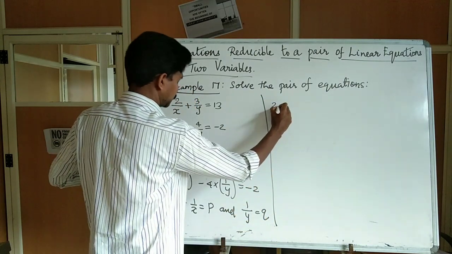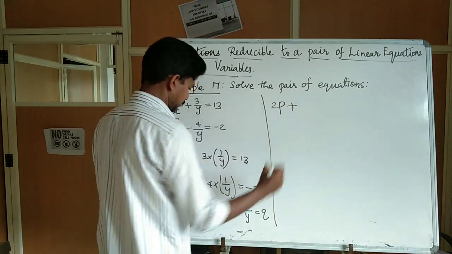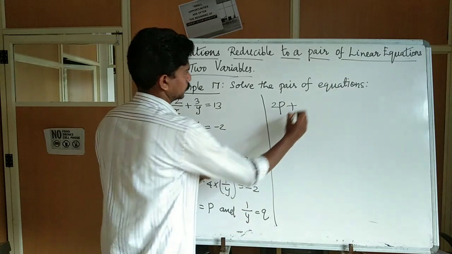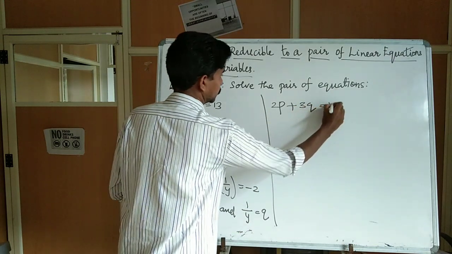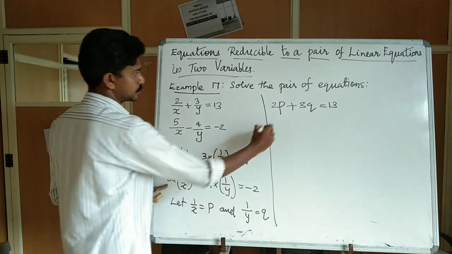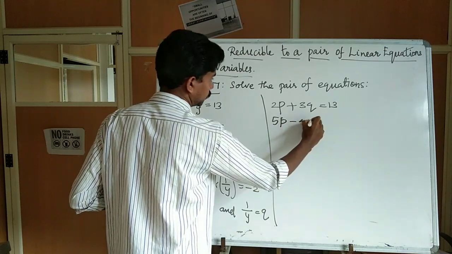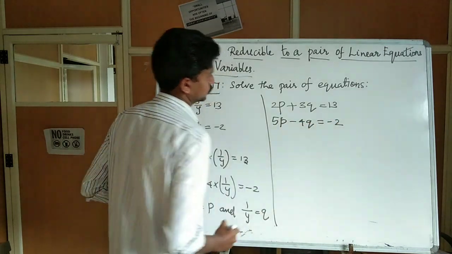So 2p plus 3q is equal to 13. Now this one we can write as 5p minus 4q is equal to minus 2.